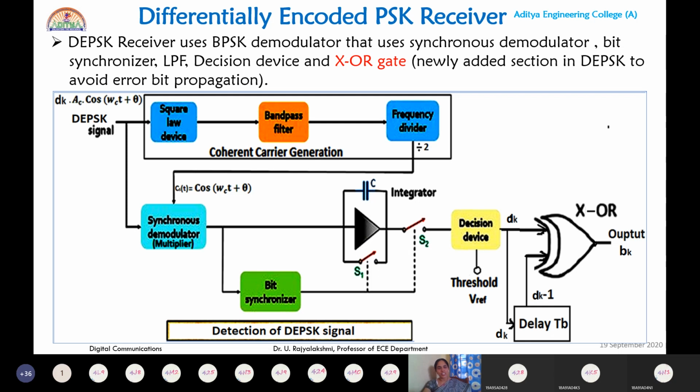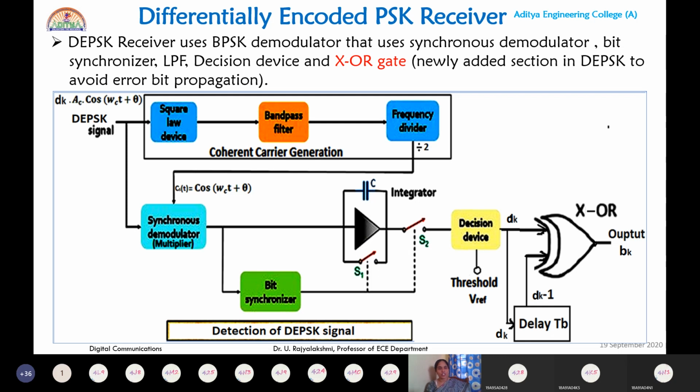Now, in the BPSK receiver, we have one problem due to the square law device. It will square the upcoming signal. In BPSK, the input is b of t into Ac cos omega ct, where b of t is plus or minus 1. So for minus 1, if you square, you will get the same data as plus 1.